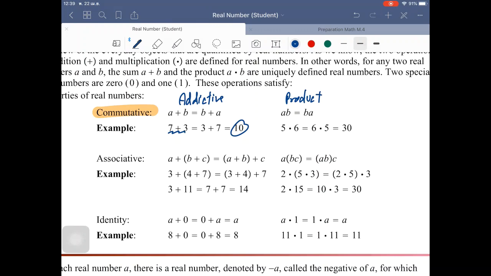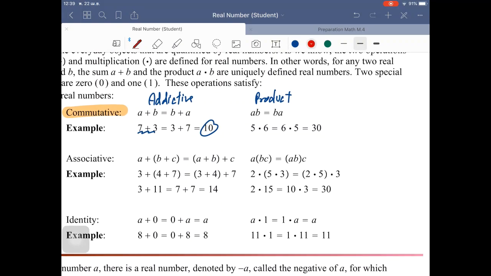And this also happens to the product properties. 5 times 6 equals 6 times 5, that is true. But in the case of subtractions, you see 7 minus 3 is 4, but 3 minus 7 is negative 4. The answer obviously is not the same.